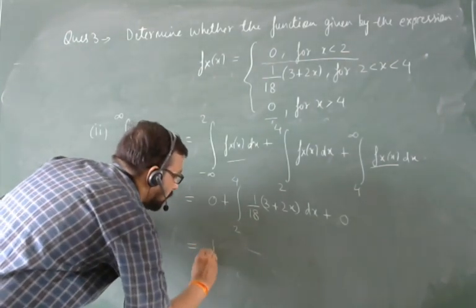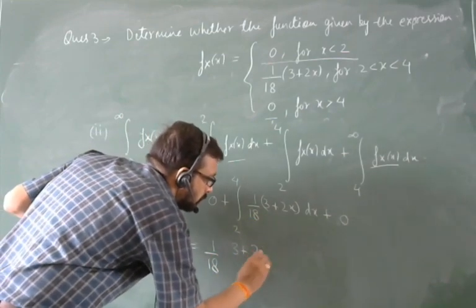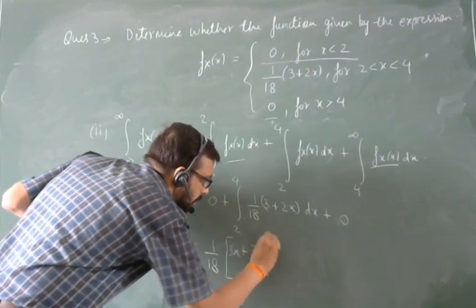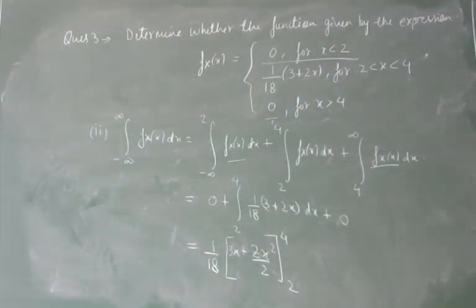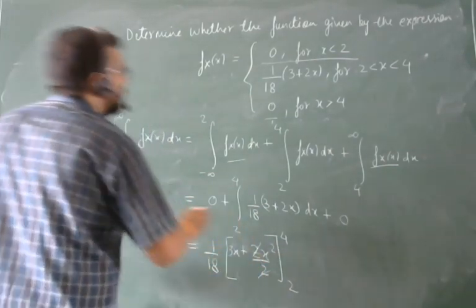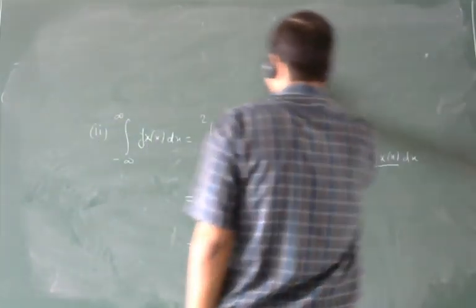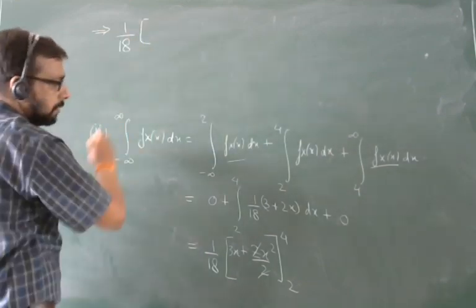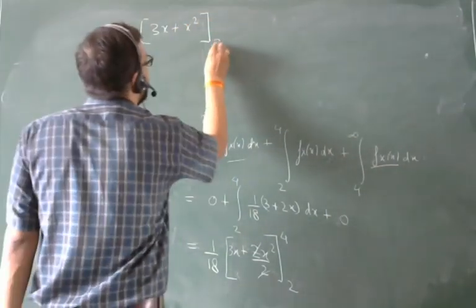Now here 1 upon 18 is common out, and if we integrate this we get 3x plus 2x square by 2, and the limit is from 2 to 4. 1 upon 18 is common out, and 3 gives 3x and 2 gives 2x square upon 2, this cancels out, and finally we get the relation equal to 1 upon 18 in bracket 3x plus x square, and here the limit is 2 to 4.